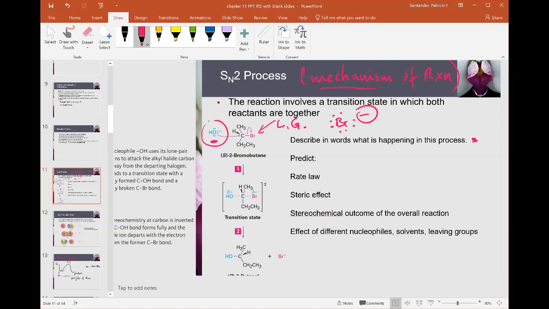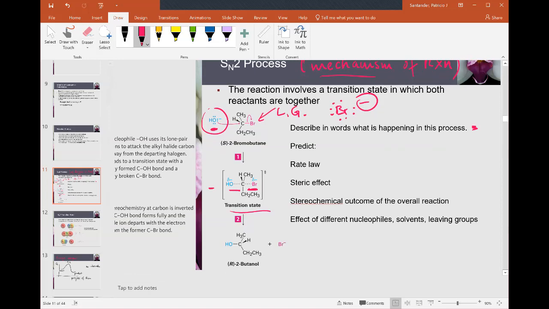And then halfway through the reaction, you can see that we have a transition state where we have a partially made bond between the OH and the carbon, and a partially broken bond between the carbon and the bromine. And then finally, when you go to the formation of the final product, you can see that the OH got attached from the opposite side.